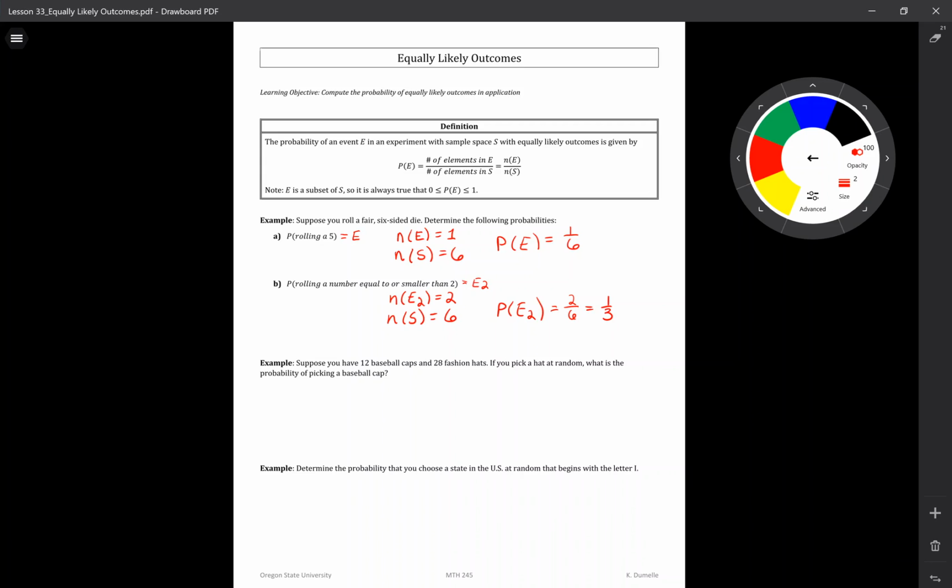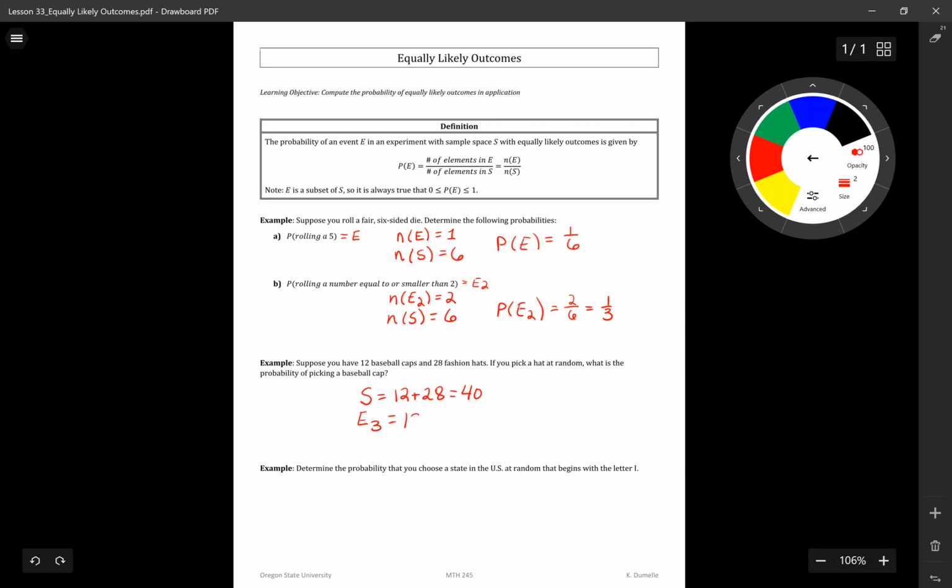All right, suppose I have 12 baseball caps and 28 fashion hats. You have a lot of hats. If you pick a hat at random, what is the probability of picking a baseball cap? My total sample space here is the total number of hats and caps I have. So my sample space is 12 plus 28, which is 40. The event I am trying to determine the probability of, I'm going to call it E3, is picking a baseball cap.